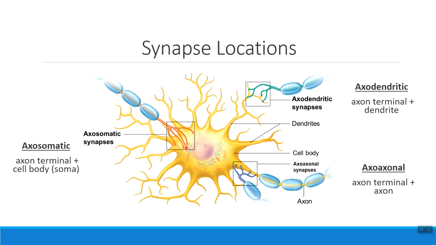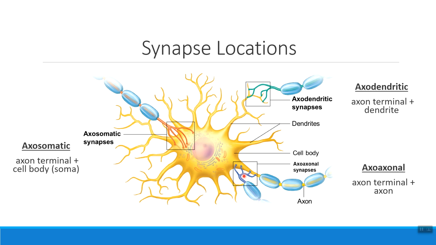The one other kind of synapse that we do see occasionally is what's called axoaxonal. And an axoaxonal synapse occurs when the axon terminal actually synapses with the axon hillock of my other neuron, or the very beginning of that axon. So this is putting information right into the source where we're adding messages together, where we're doing summation.